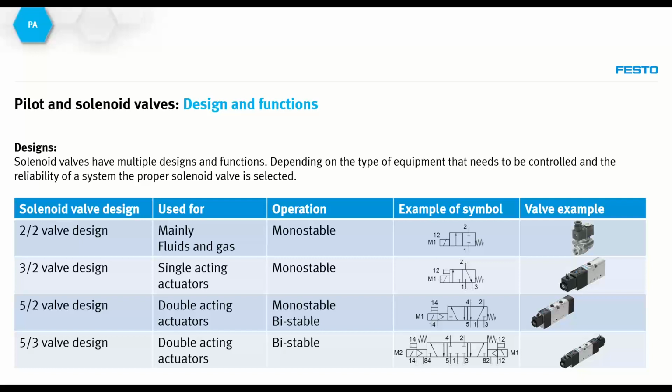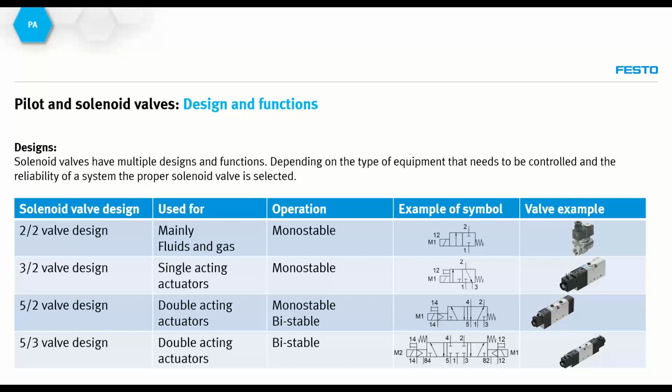So this is one example for single-acting actuators, where the actuator will be returned by a mechanical force. For double-acting actuators, which we will also look at a little more in detail later on, we are using a slightly larger valve, because there are 2 ports that need to be supplied with compressed air. So the valve now has not only 3 connections, but 5 connections and 2 positions, open and closed.